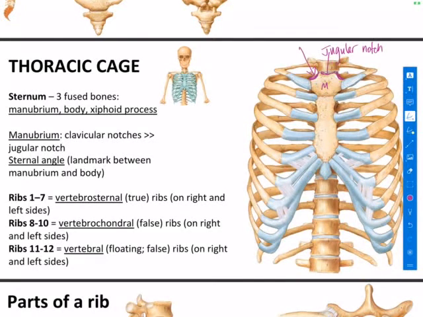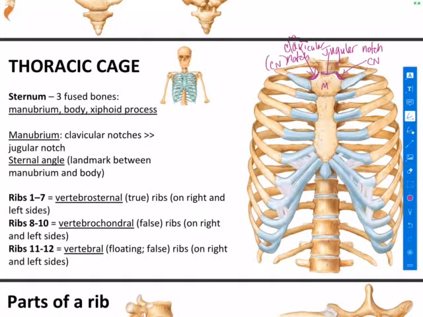Each of those are called the clavicular notches. So each one of these would be a clavicular notch, or CN. And this is a clavicular notch.